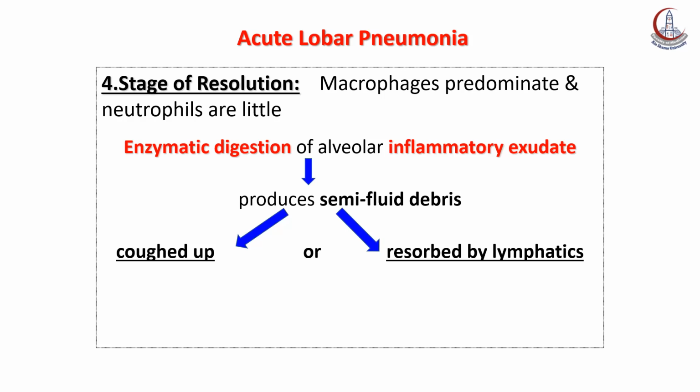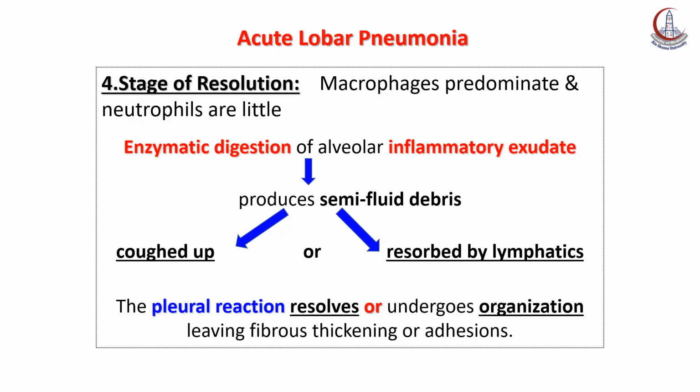These products can be coughed up or resorbed by the lymphatics, and the lung becomes like normal lung again. What about the pleural reaction? It also resolves when there is minimal fibrin deposition, or it may undergo fibrosis and organization, causing fibrous thickening and adhesions of the covering pleura. It's also a complication.